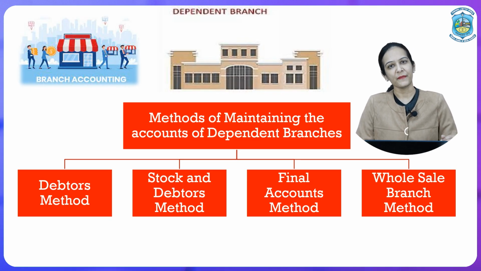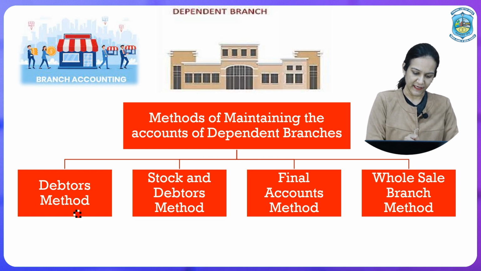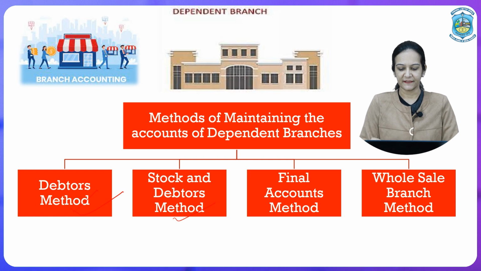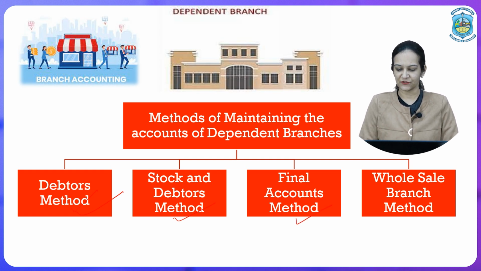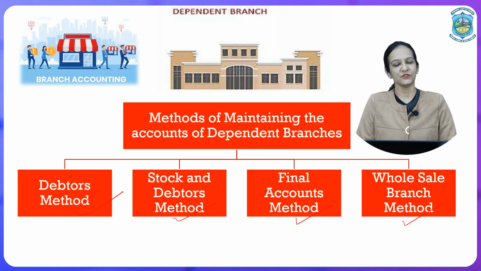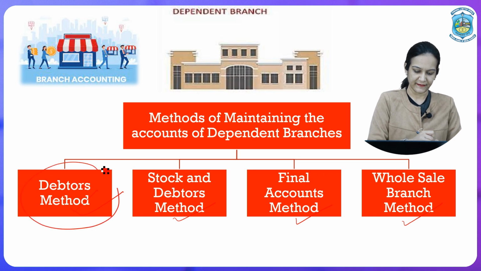Usually there are 4 methods followed by the head office. First is the debtors method, second is the stock and debtors method, third is the final accounts method, and the fourth is the wholesale branch method. In this video we are going to discuss the debtors method.